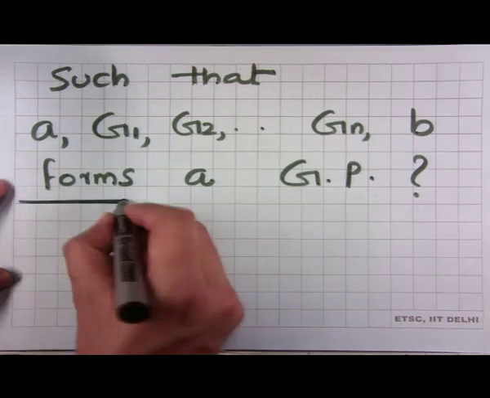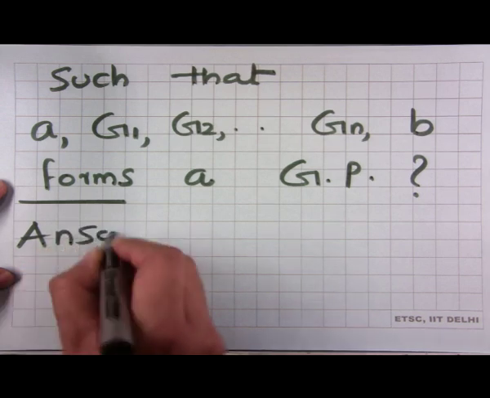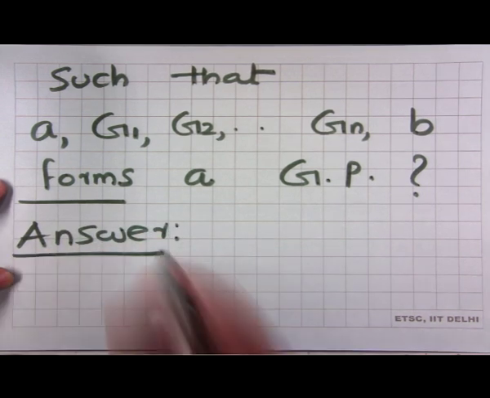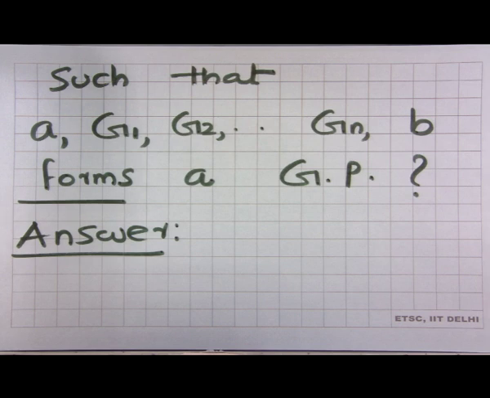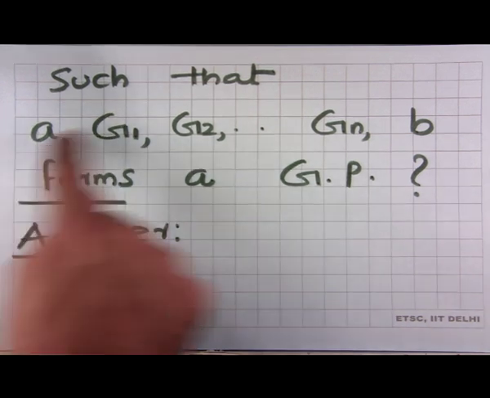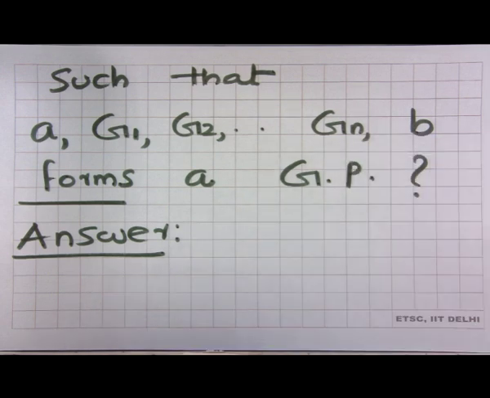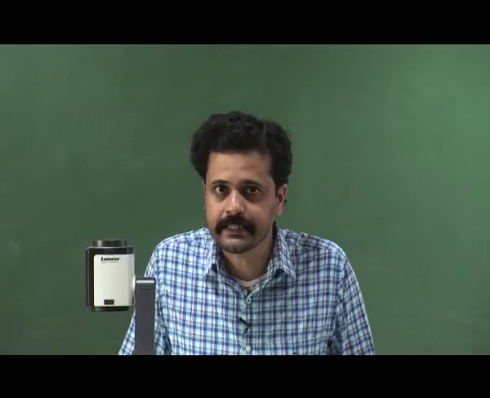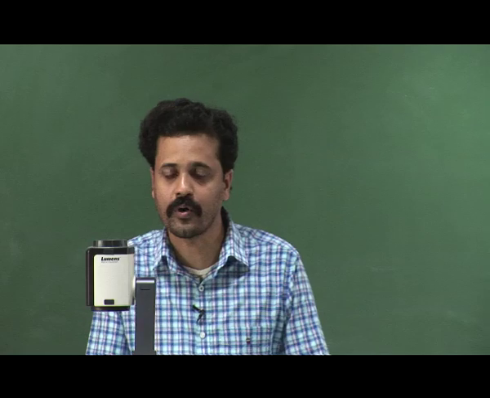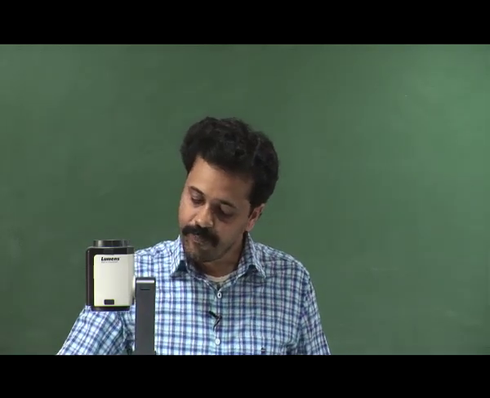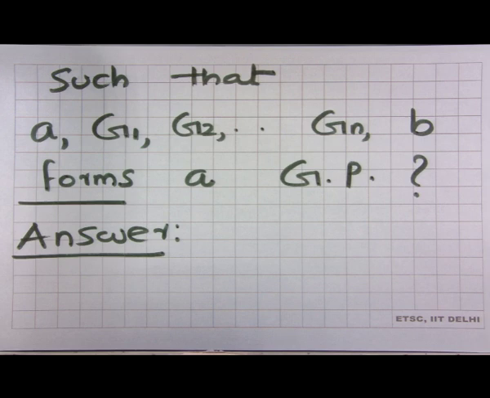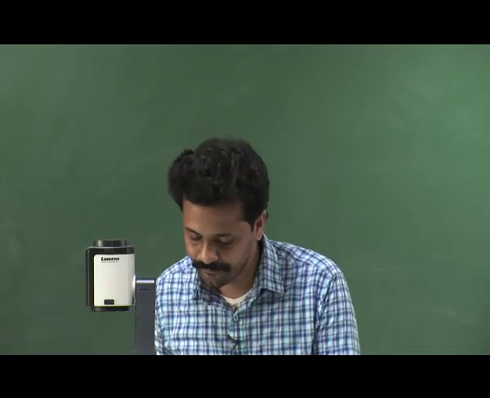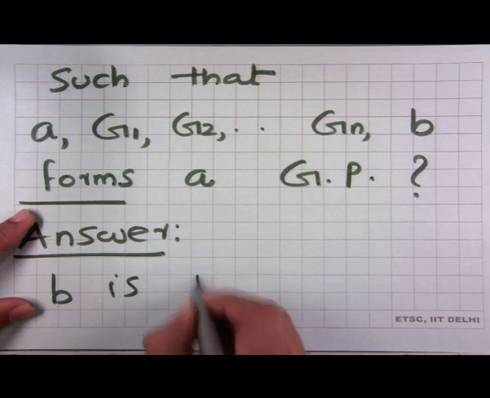Towards the answer, let us observe the following. If we need A, G1, G2, etc., Gn, B to form consecutive terms of a geometric progression, B should be the n plus 2th term of that geometric progression.